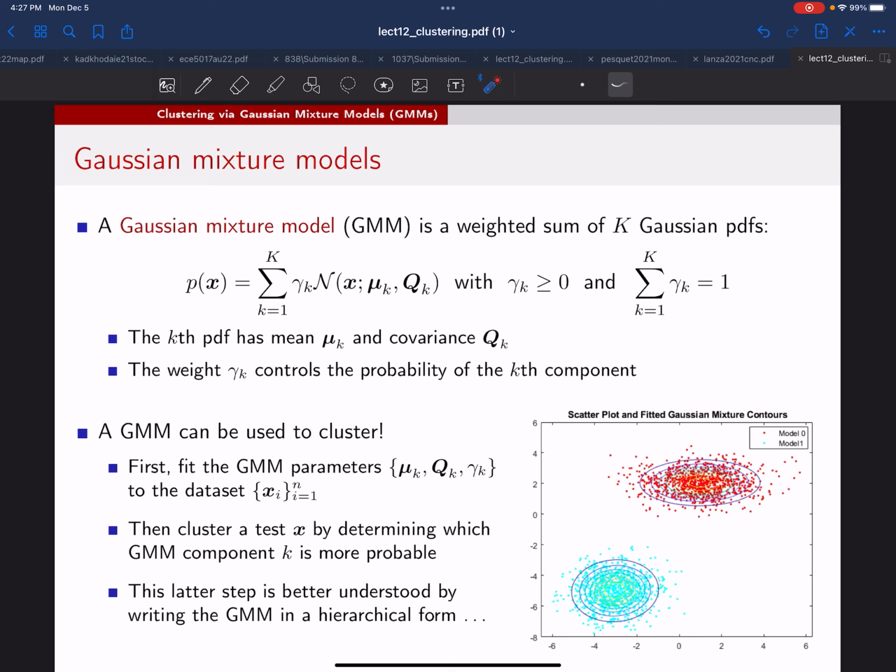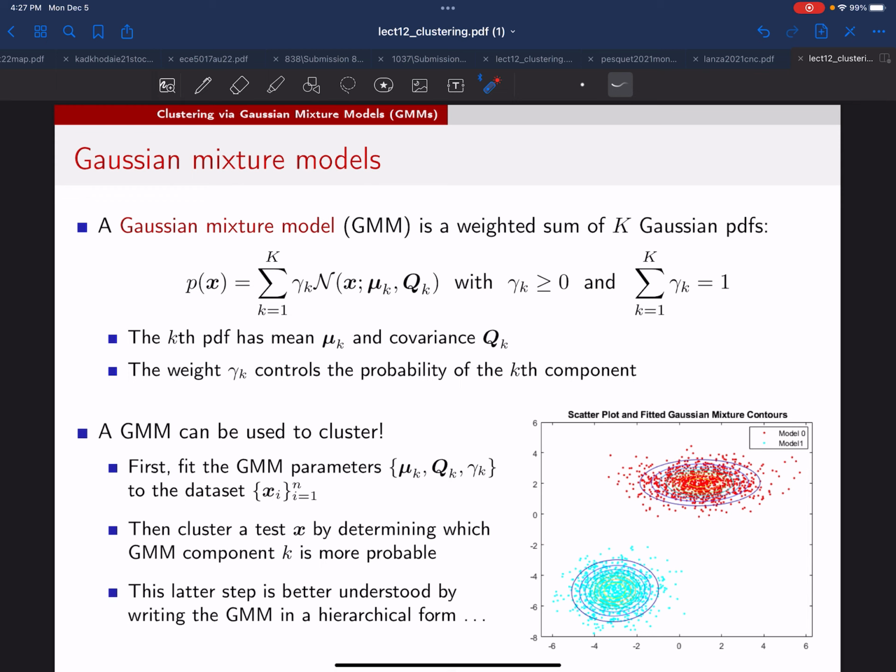Here, if we just consider these points, this looks like a good candidate for a multivariate Gaussian model. I'm going to have a particular mean, and ellipses with particular eigenvalues and principal axes, and we can connect those to the covariance matrix associated with this Gaussian. But then we have another Gaussian over here, and the data could come from either of those two Gaussians.